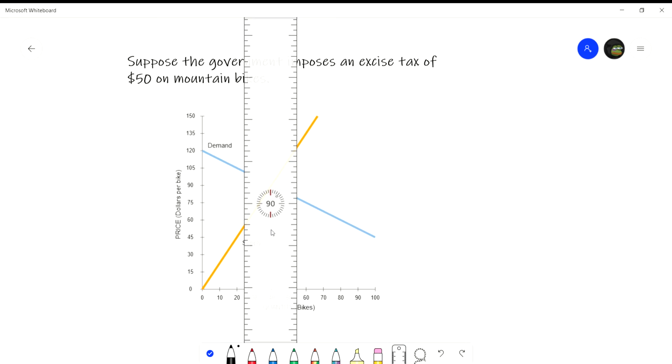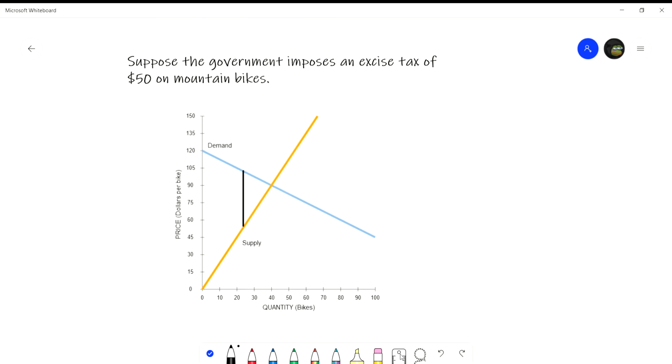So we're going to drive that wedge between supply and demand, and because it's $50, we're going to start approximately here at what would be like 55-ish, and we'll go up to here, which is approximately 105. So maybe 50 to 100 would be more accurate there. So we'll say that's our tax wedge here.